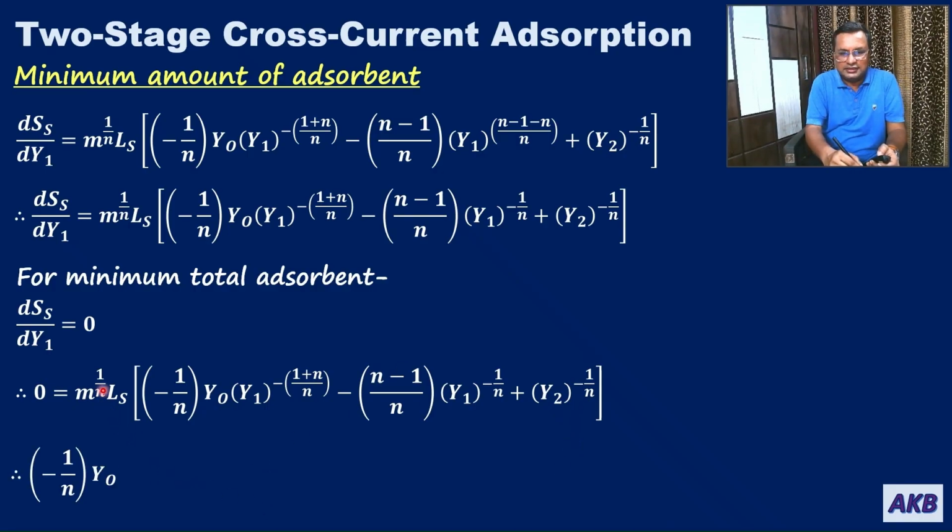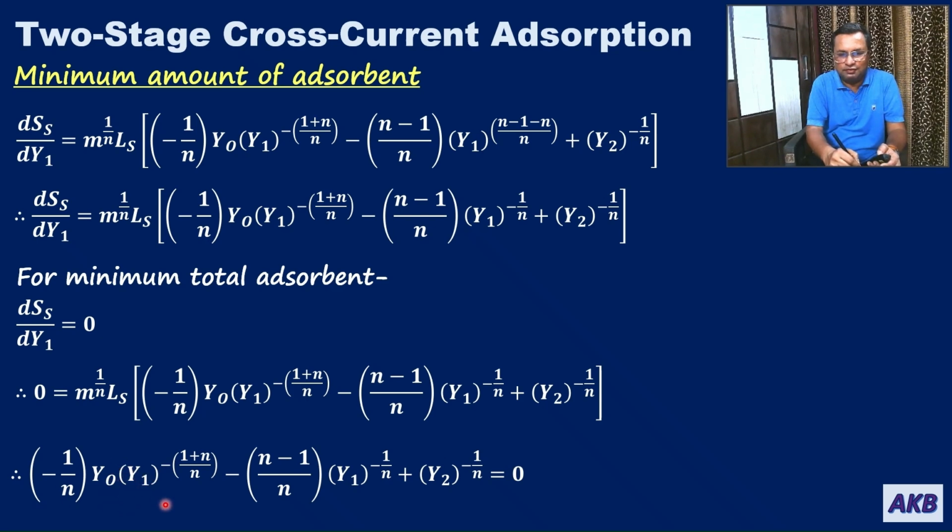So in the next step, if this term goes to this side, it will become 0 and we'll have this equation. So it is minus 1 by n into capital Y0 into capital Y1 raised to minus 1 plus n by n, minus n minus 1 by n into capital Y1 raised to minus 1 by n, plus capital Y2 raised to minus 1 by n, that is equal to 0.